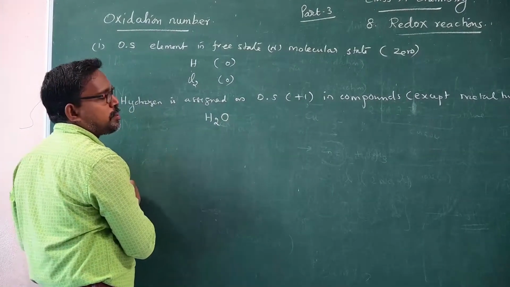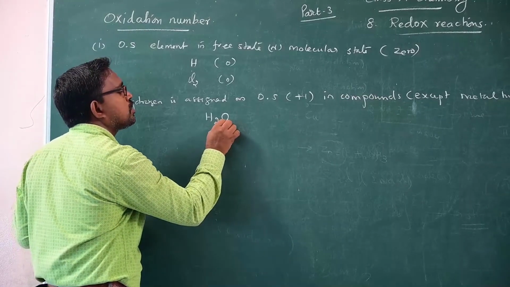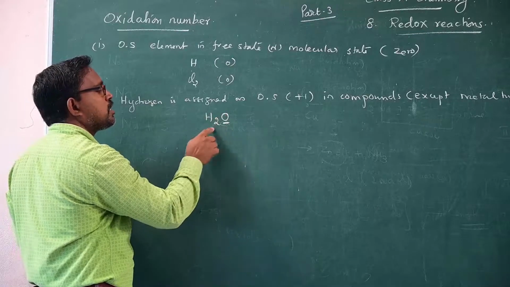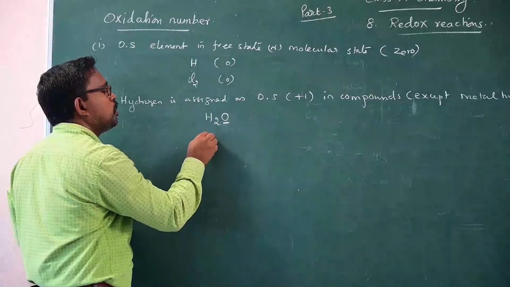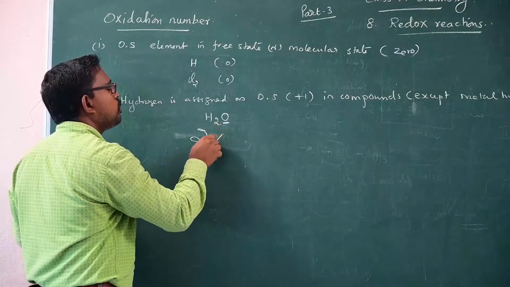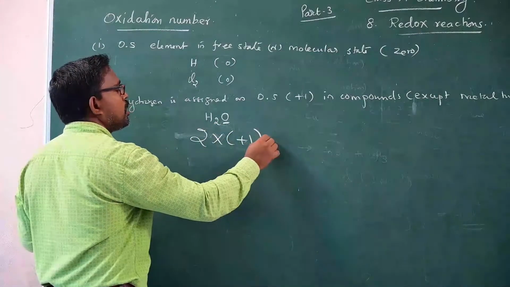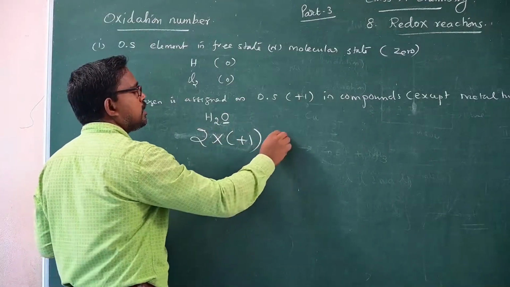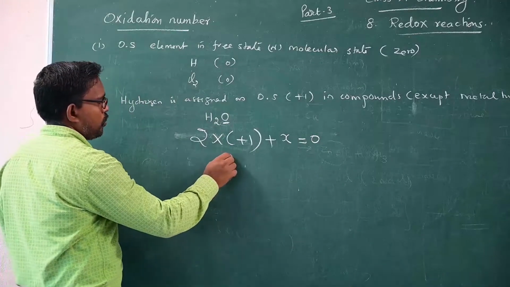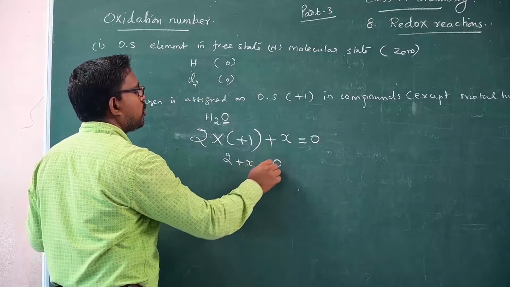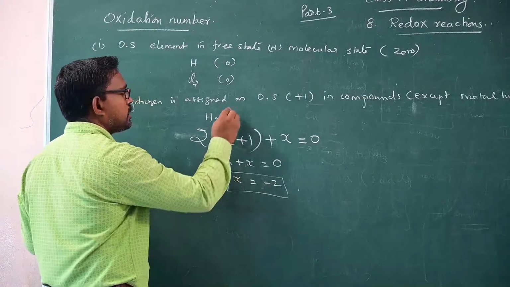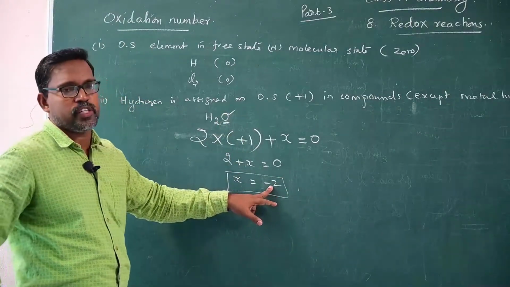Here two hydrogen atoms are there. You find out the oxidation state of oxygen. We know the oxidation state of hydrogen in this compound. Two hydrogen atoms, 2 into +1, plus oxygen is assigned as x, that is equal to 0. So 2 + x = 0, x = -2. So the oxidation state of oxygen in water is -2.